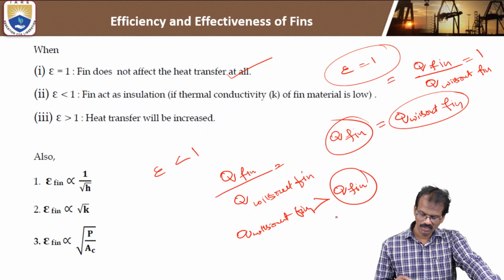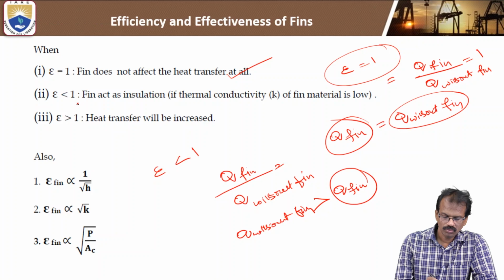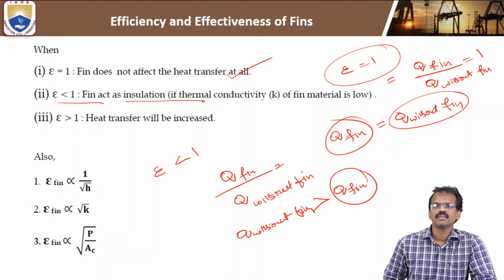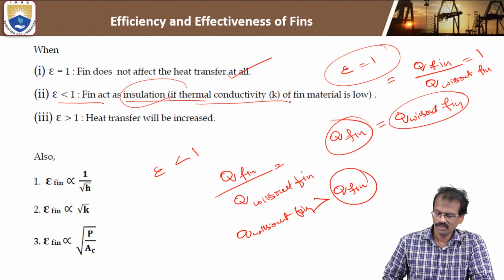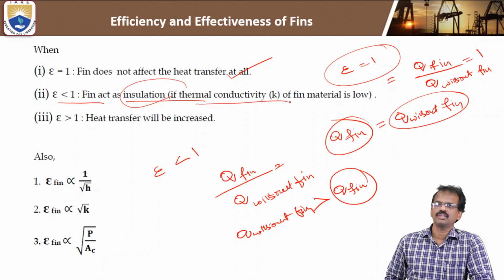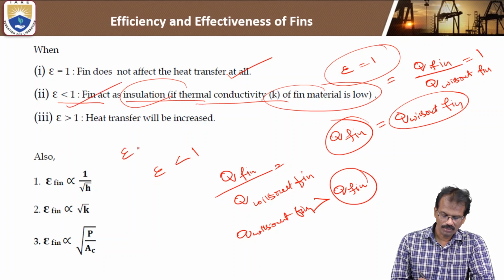Heat dissipation decreasing means the fin is acting as an insulating material here. In this case, the fin acts as insulation, not as a conduction material. This happens if the thermal conductivity of the fin material is very low.